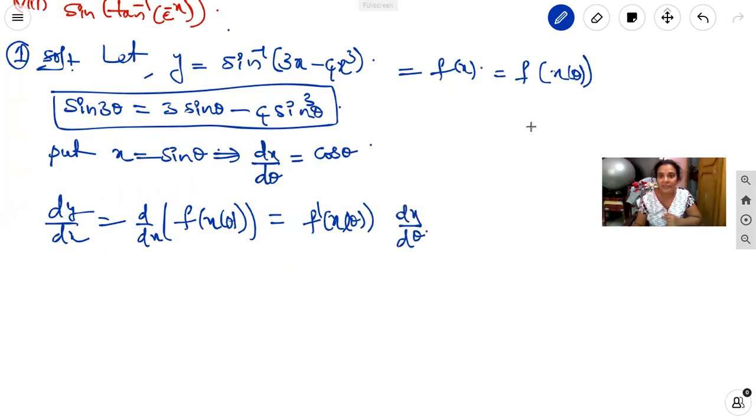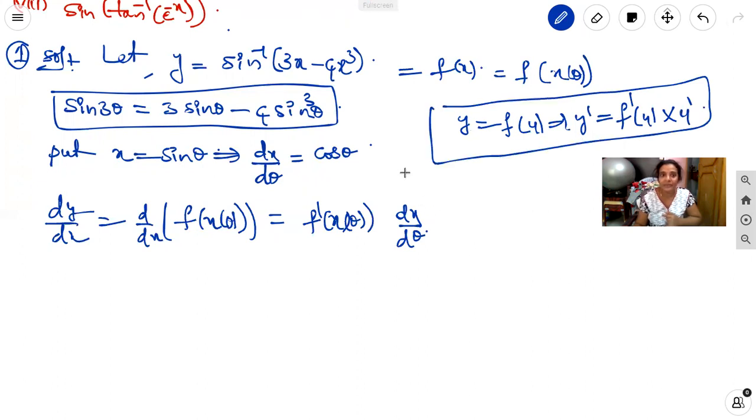In the same way, suppose y equal to f of u, then y dash is equal to f dash of u into u dash, as we defined in the derivative, the same thing.